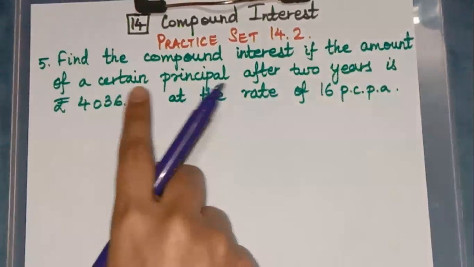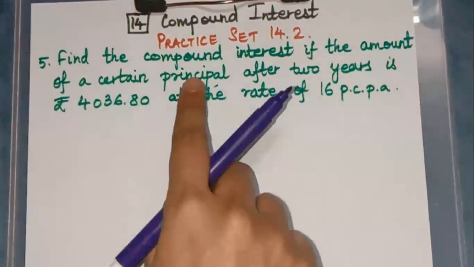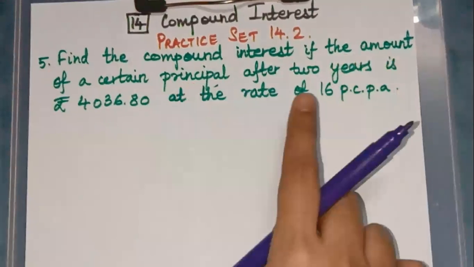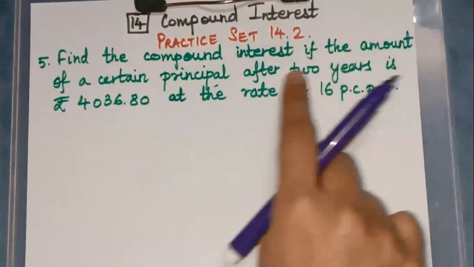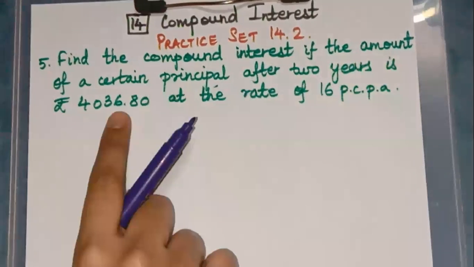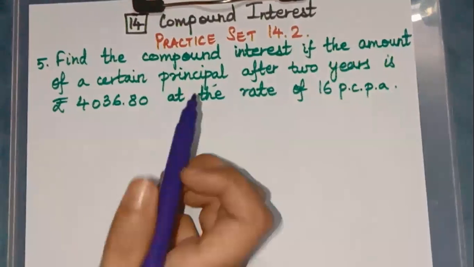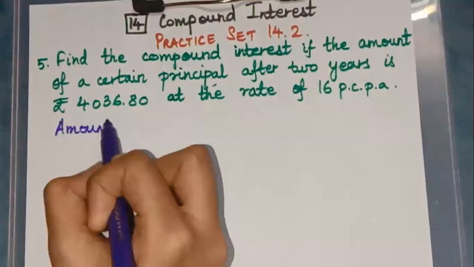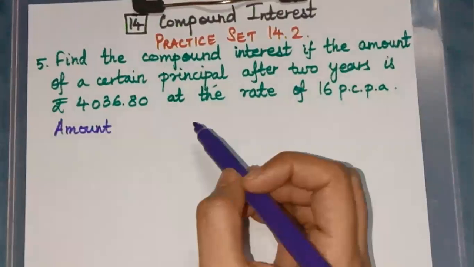By the word certain principal, you can understand that the value of the principal is not given, but the amount after 2 years is given, that is 4,036.80. So here firstly you have the amount that is given to you. I hope you understood that.